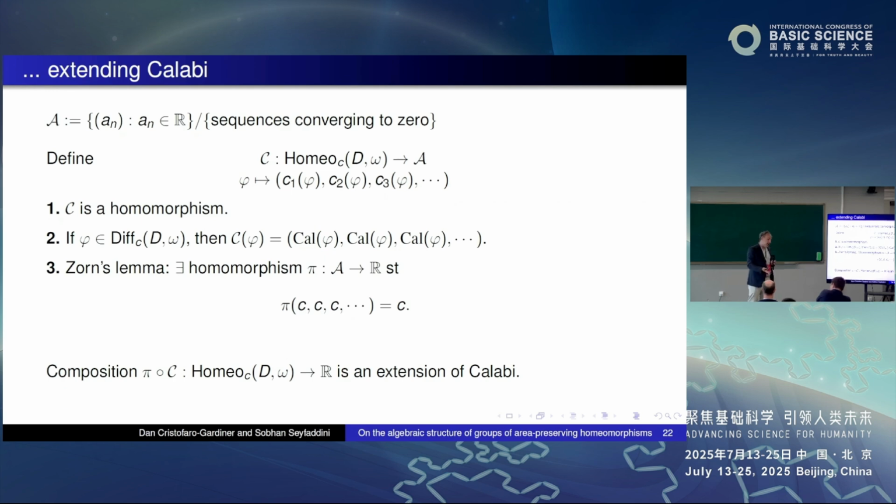And in fact, there are models of ZFC where one doesn't assume the axiom of choice, where every homomorphism between Homeo and R would automatically have to be continuous. There's something called an automatic continuity property. And so evidently these extensions don't exist in those models of ZFC. So the upshot is that you have to do something like this if you actually want an extension to R.